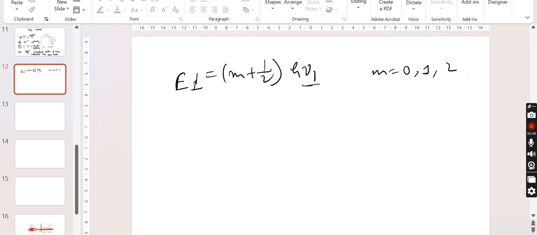So if we assume that nu1 is the frequency corresponding to the symmetric stretch mode, then the molecule has only energies at these levels.